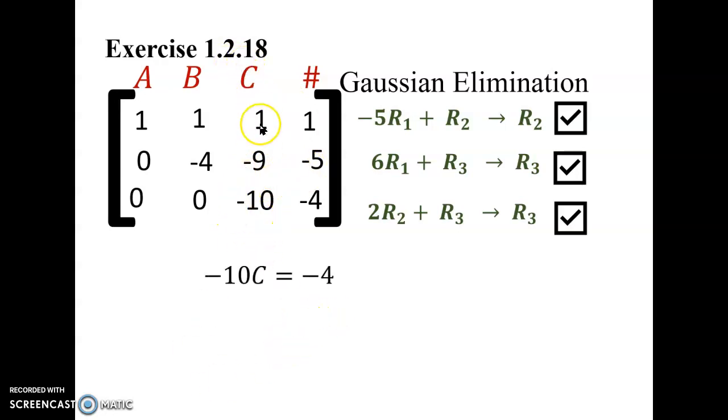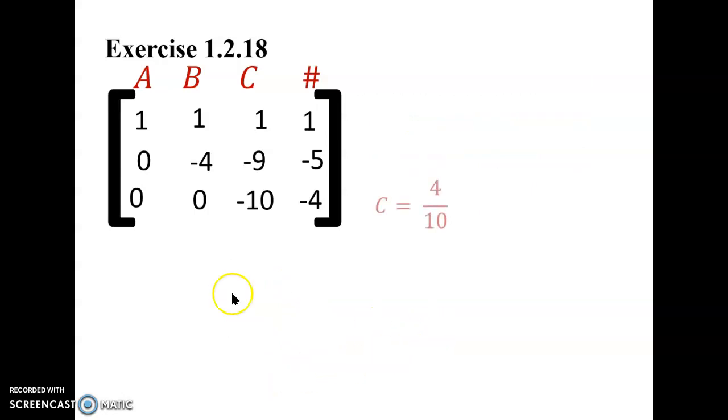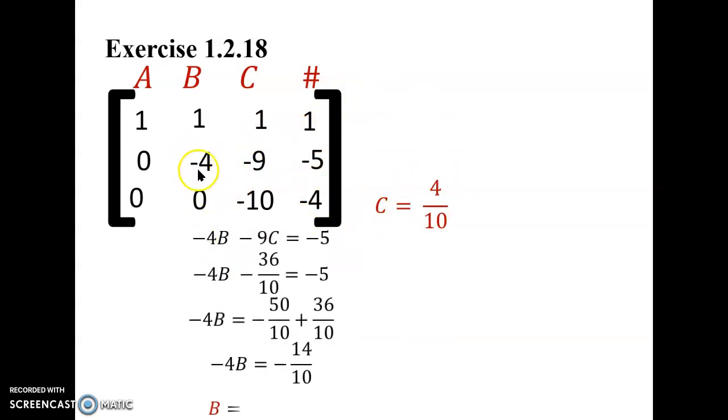So I'll just take the last one, which is C. So -10c equals -4, which is pretty easy, as c has to equal 4/10. I'm going to substitute that back into the next equation, which would be -4b minus 9c equals -5.